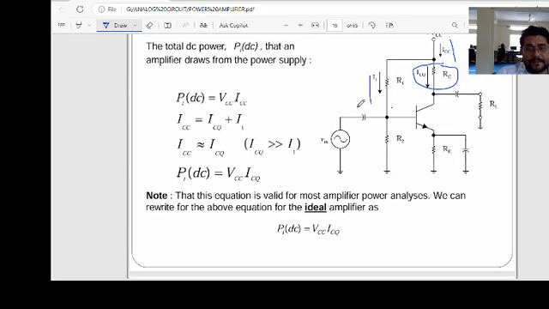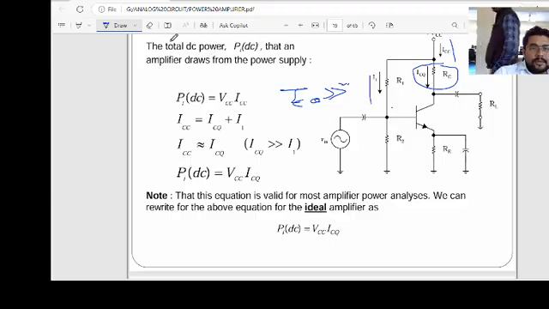Then the collector current ICC is approximately equal to ICQ. This is generally small, because the R1 and R2 values are very high.